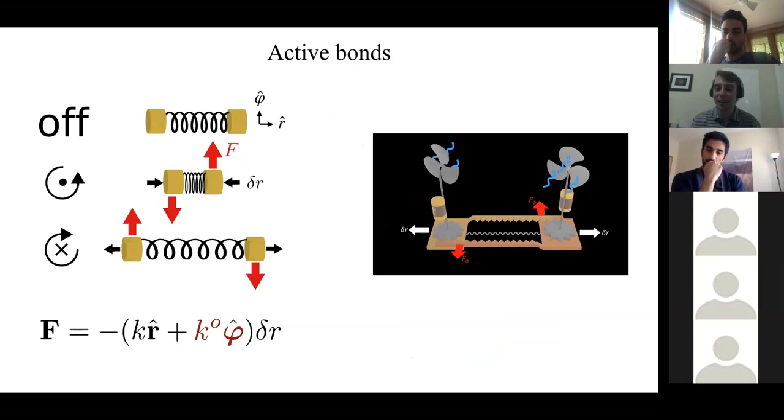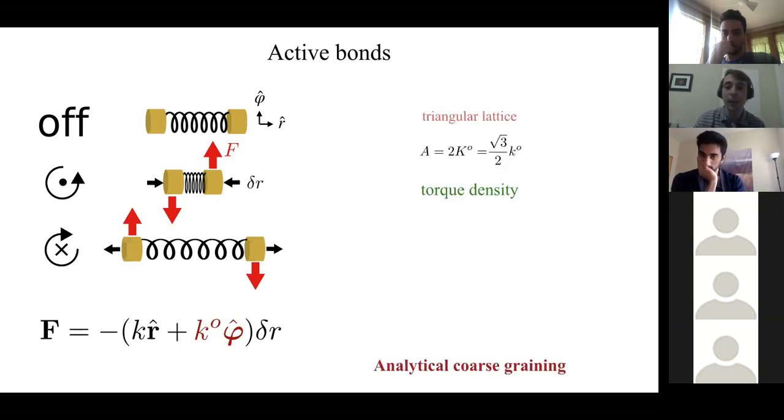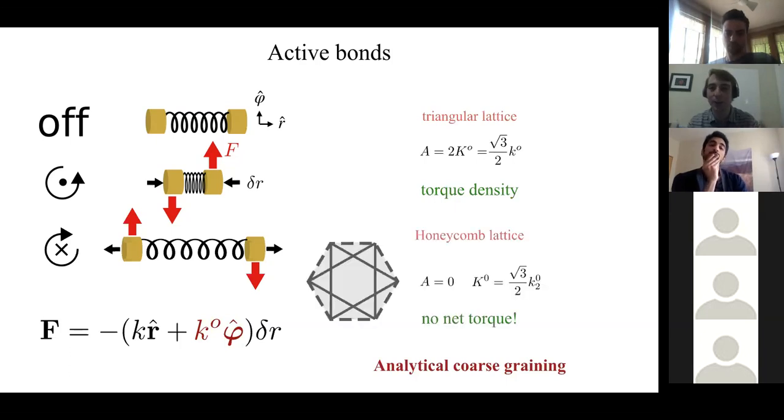So as the beam elongates or compresses, these fans rotate and create these transverse forces that are proportional to the amount of displacement, at least linearly. And so we can put this on a lattice, we can coarse grain it, and indeed, for a triangular lattice, we can compute these moduli in terms of the added parameters. You can even do it on a honeycomb lattice.